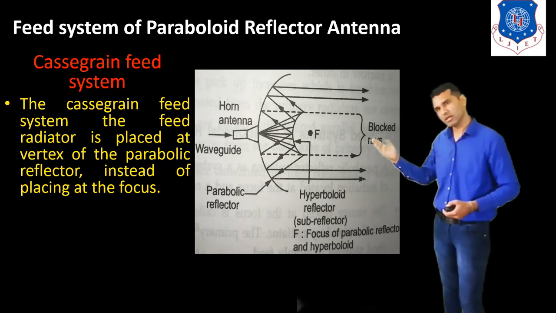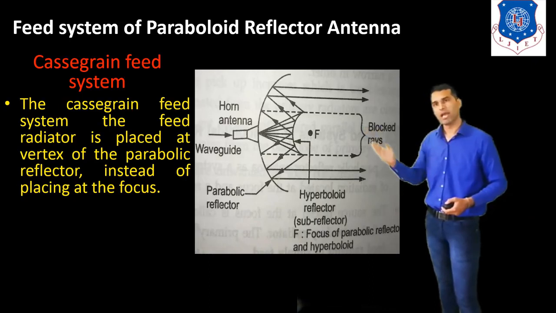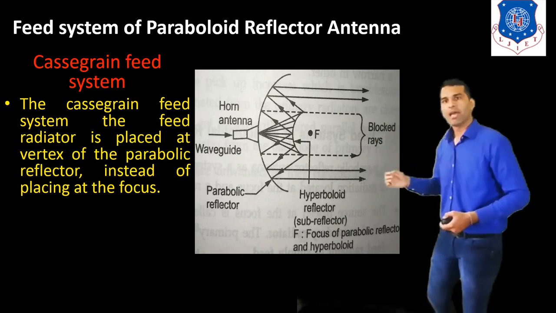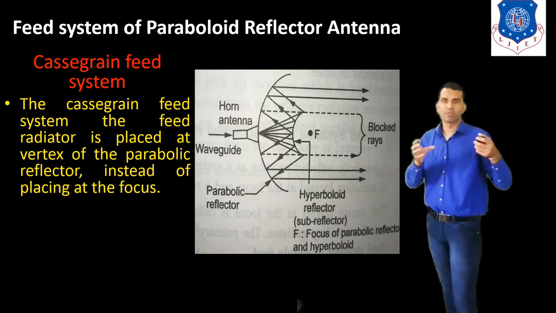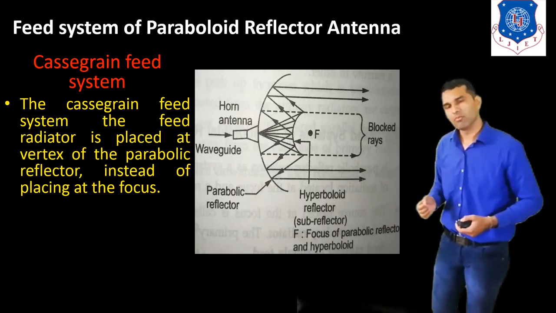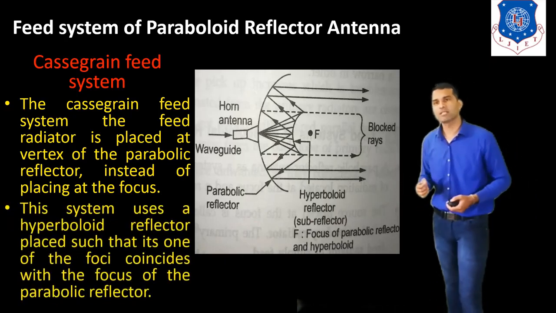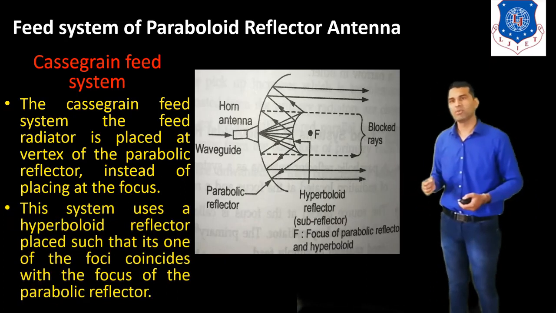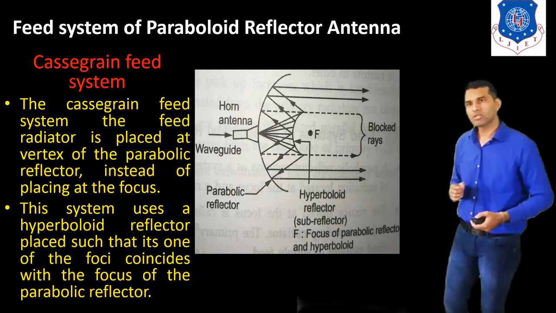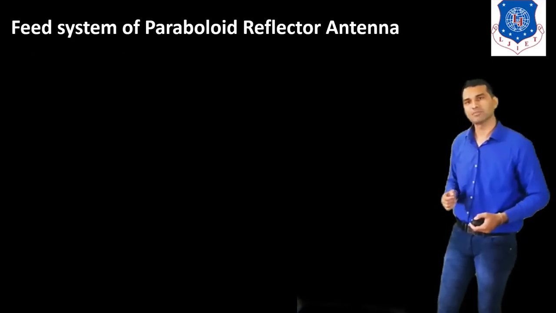Here in this figure we see that we have used a horn antenna in the feed, and it is placed at the vertex of the parabola, whereas normally we place the feed antenna at the focus of the parabola. This system uses a hyperboloid reflector placed such that one of its foci coincides with the focus of the parabolic reflector.